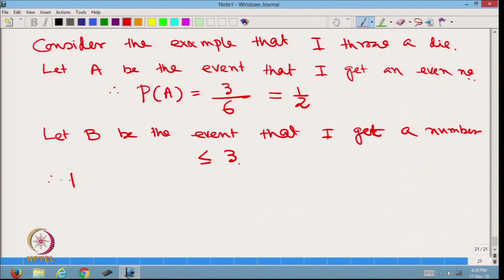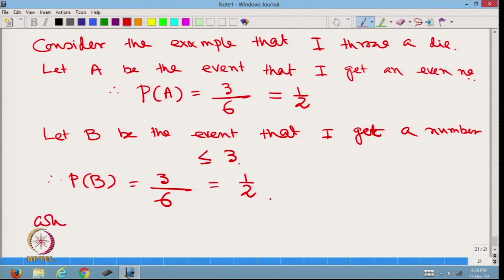Therefore, probability of B is equal to the number of ways of getting a value less than equal to 3, which is 3, because I can get 1 or 2 or 3, which are my favorable outcomes, divided by the total number of possible outcomes, which is equal to half.